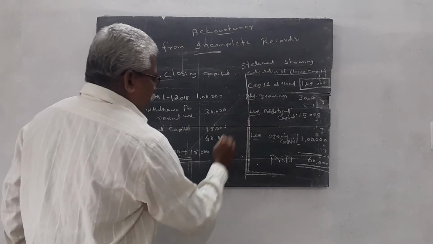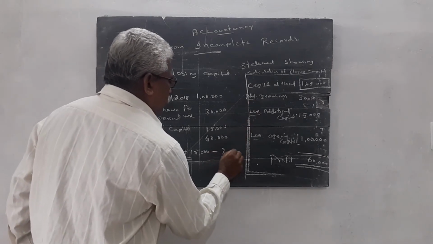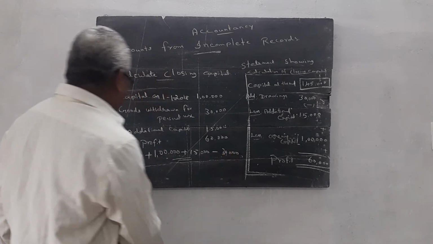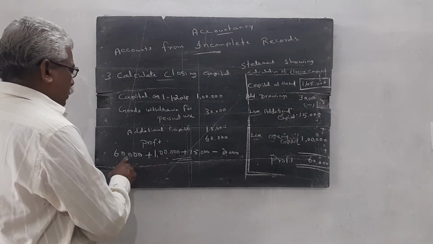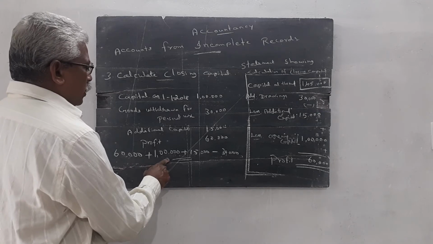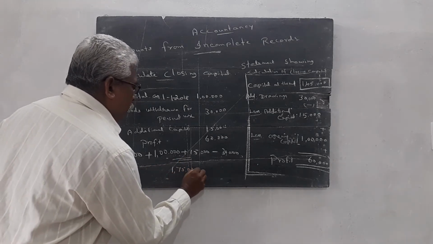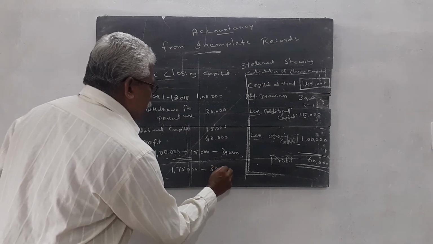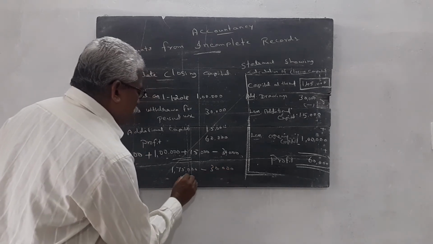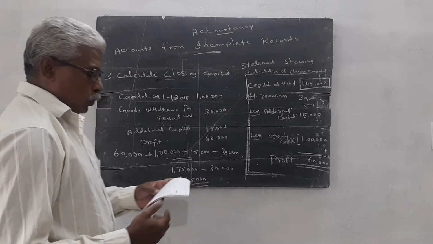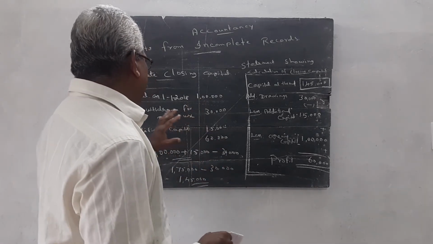Here add, we have to minus 30,000. It's a simple question. 60,000 plus 1 lakh is equal to 1,60,000. 1,75,000 minus 30,000 is equal to 1,45,000. Simple procedure. So, question number 4 is completed.